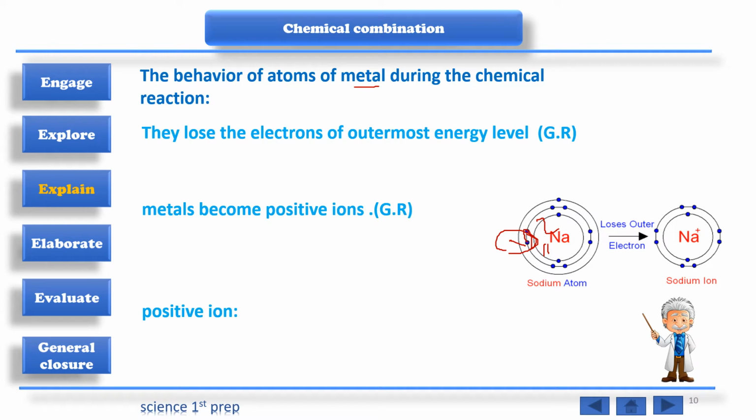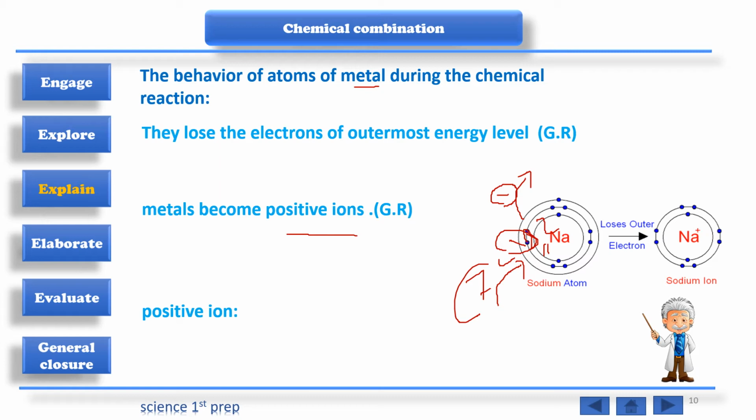So here, if we have 1 electron in the outermost energy level, it's easier to lose this electron than to gain 7 electrons to complete the outermost energy level. So it loses the outermost electron and becomes what? It becomes a positive ion.